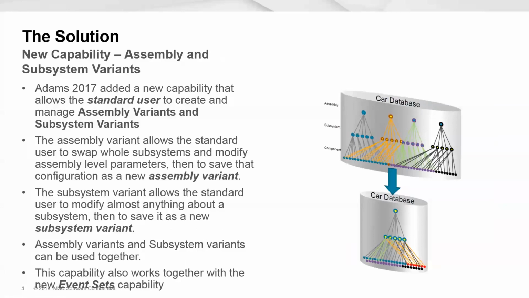The subsystem variant capability allows the standard user to modify almost anything about a subsystem and then save it to a new subsystem variant. The capabilities of assembly variants and subsystem variants can be used together, and this new capability also works together with the new capability event sets that we're going to discuss later in this presentation.